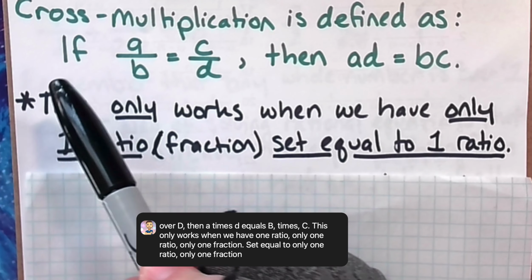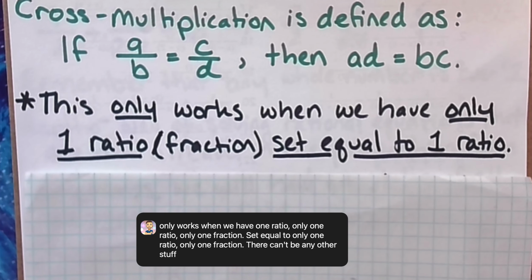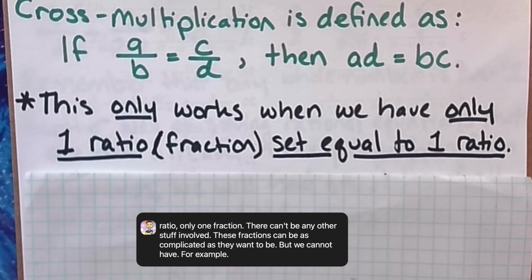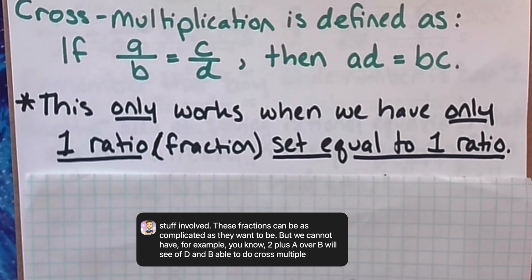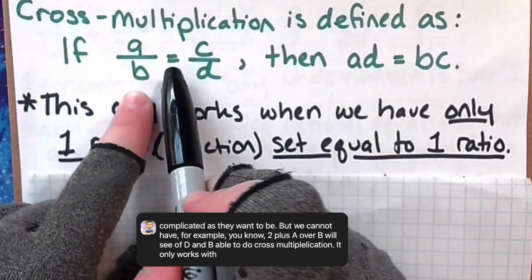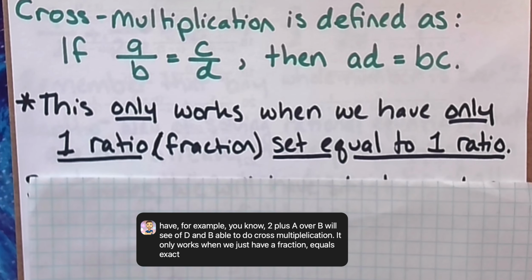There can't be any other stuff involved. These fractions can be as complicated as they want to be, but we cannot have, for example, 2 plus A over B equals C over D and be able to do cross multiplication. It only works when we just have a fraction equals a fraction, and that is it.